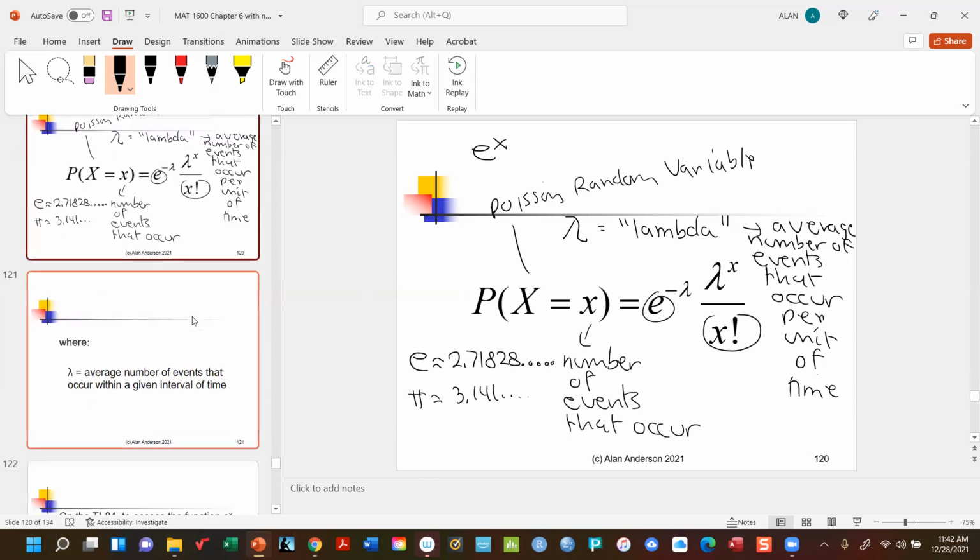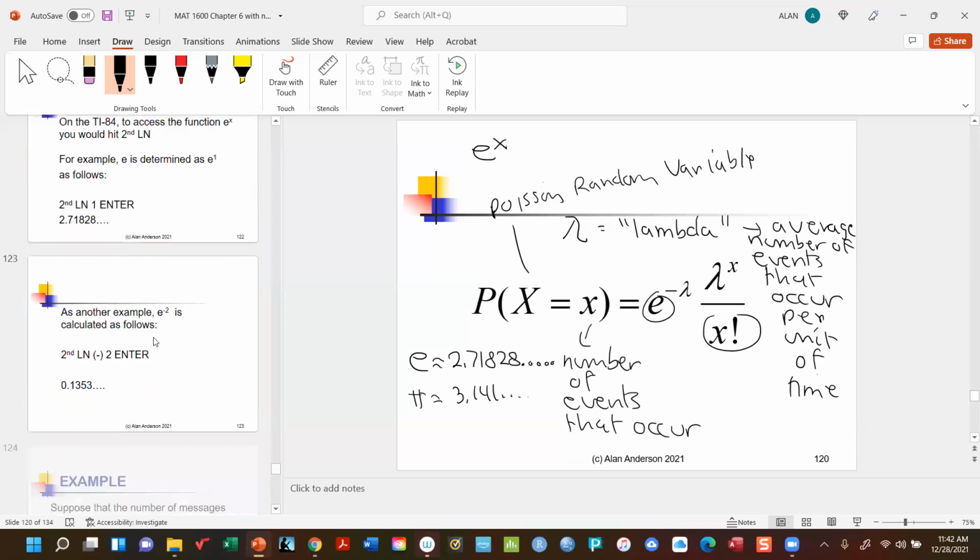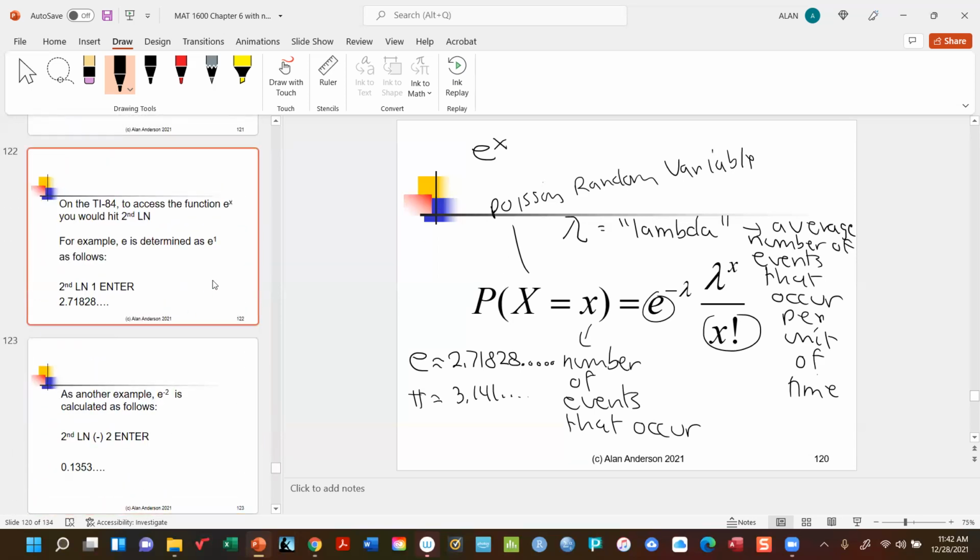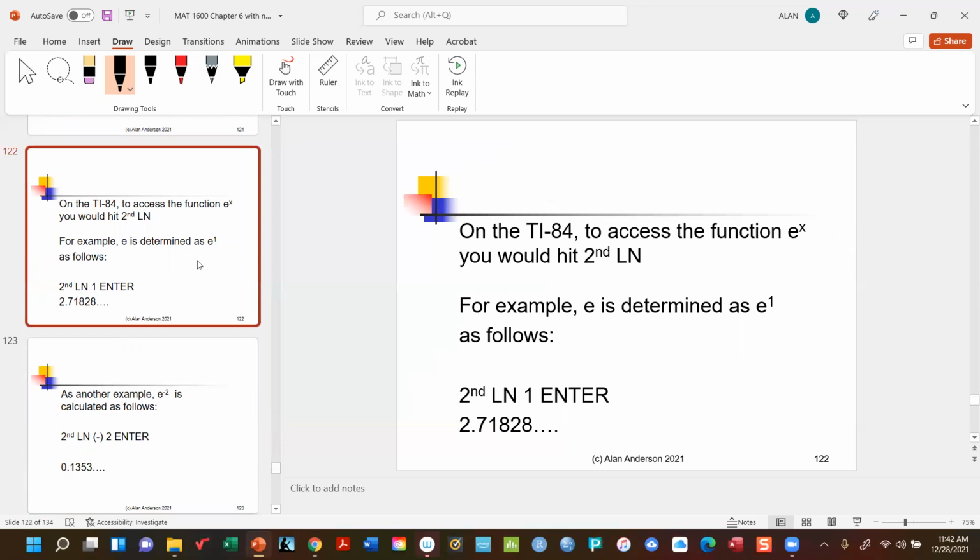But of course, we have to make sure that we're using it when it's appropriate. So if the situation involves observing events occurring during the passage of time, then we can feel free to use the Poisson distribution. All right. And by the way, if you have the Texas Instruments 83 and 84 series, there is a Poisson function in there.